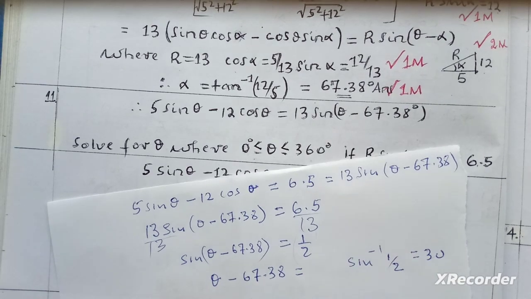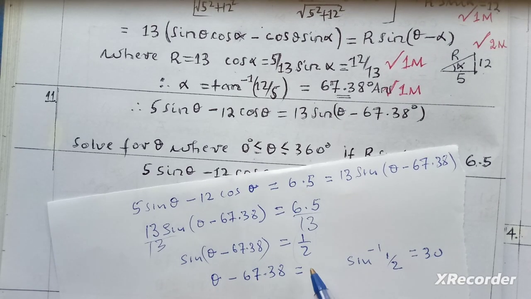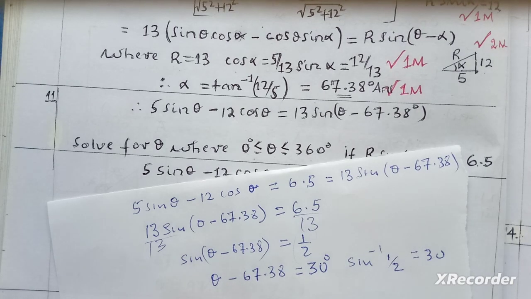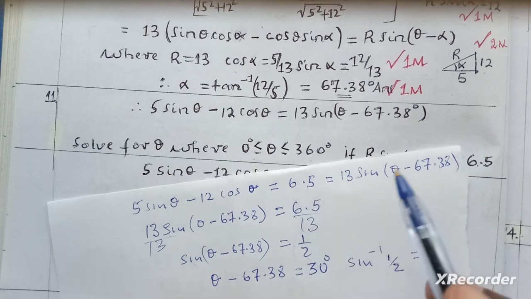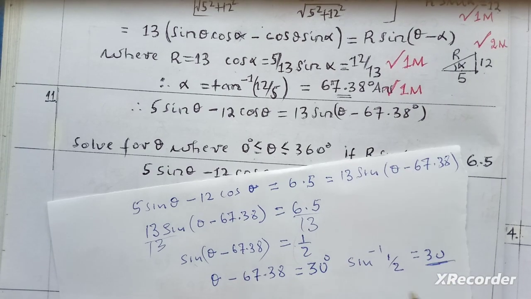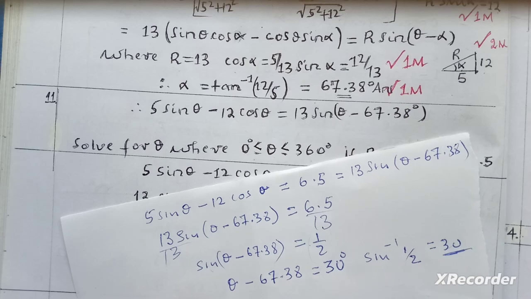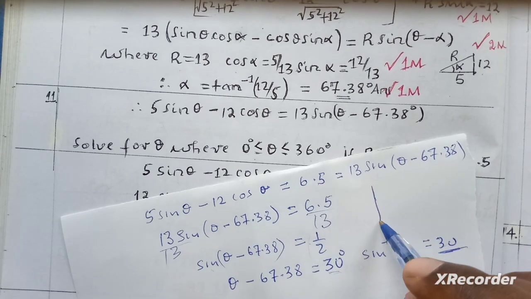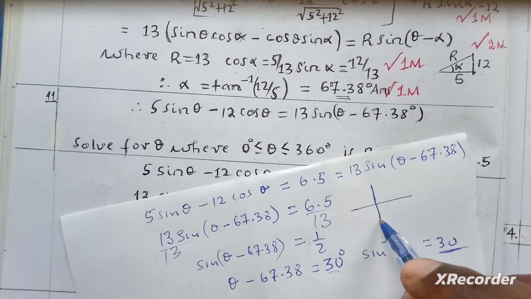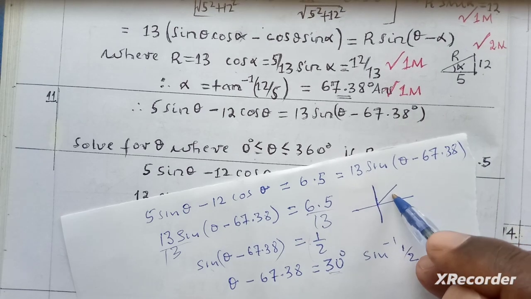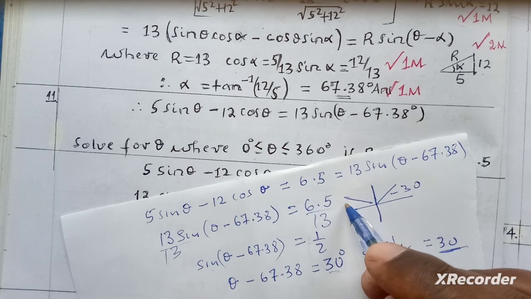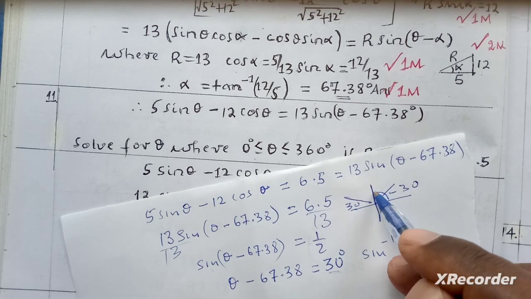So we are going to have theta minus 67.38 equal to 30 degrees, because we have shifted this side. Apart from that, if you check your trigonometric unit circle for sine, the other side also has another 30, but the angle we consider is that.